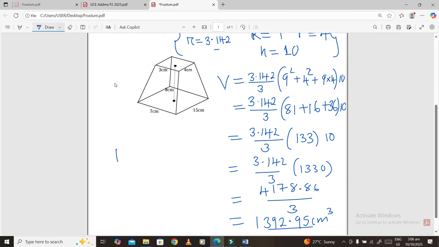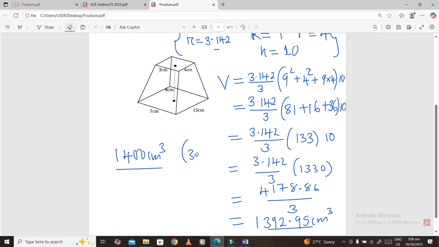This will simply be 1400 centimeters cubed in three significant figures. This is how it will come out.